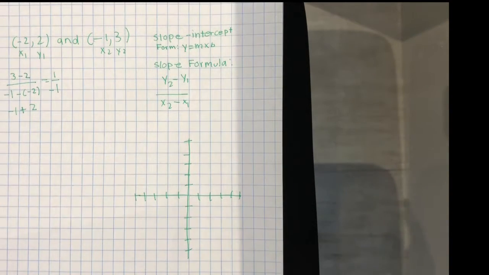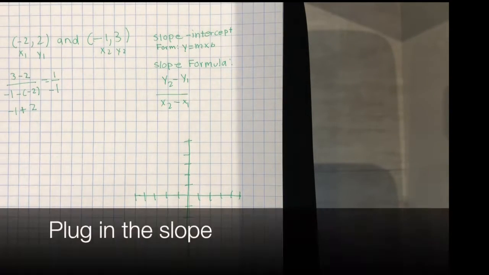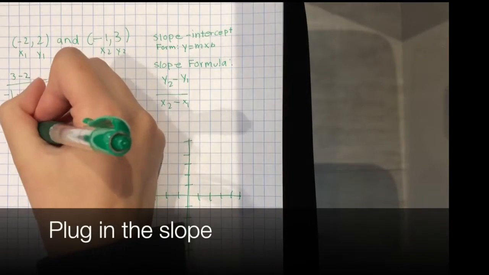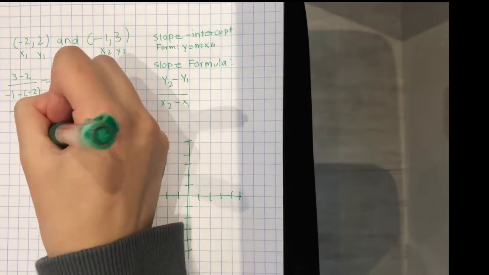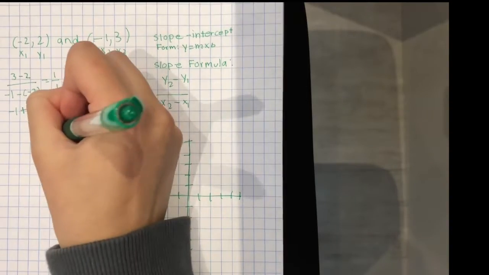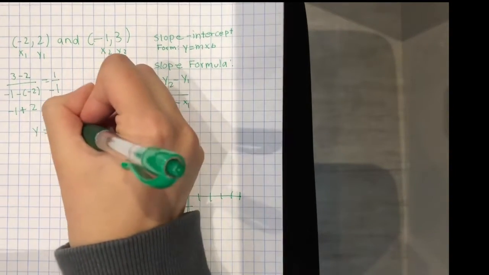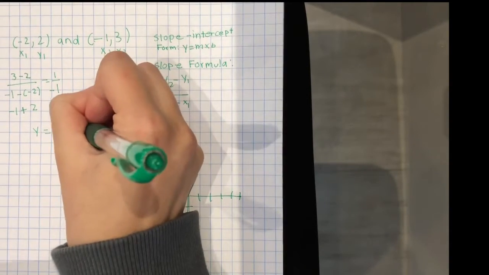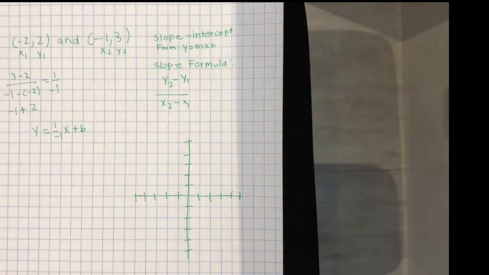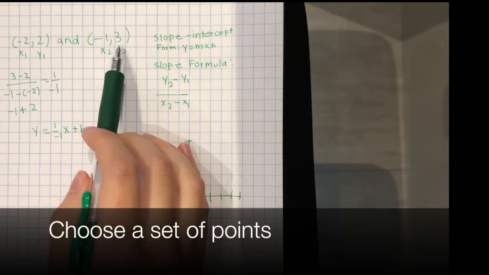So when I plug that into slope-intercept form, I have y equals 1 over 1, because that's our slope, x plus b. Now we're going to choose one set of points in order to solve for the y-intercept. I'm going to choose the points negative 1 and 3.